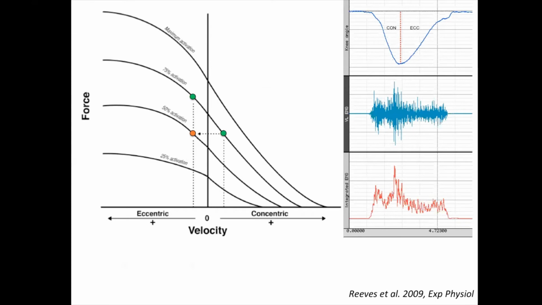So we have to de-recruit motor units to lower the load. As an example, you can see the rectified EMG of vastus lateralis during a concentric and an eccentric phase. The rectified electromyography value is bigger in the concentric phase compared to the eccentric phase when we displace the same load.